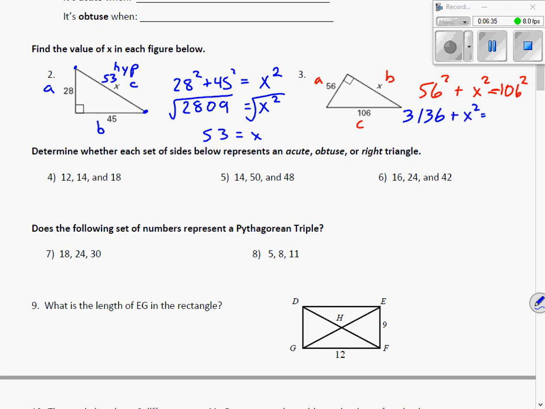And 106 squared is? Then we have to subtract that amount from both sides. We've got to get x squared by itself. So we're going to subtract 3136 from 11,236. This is just solving for x. This is old algebra 1 stuff.